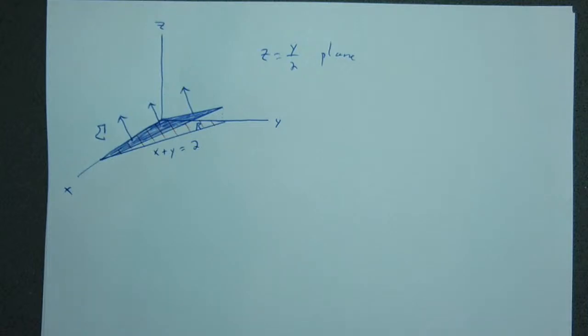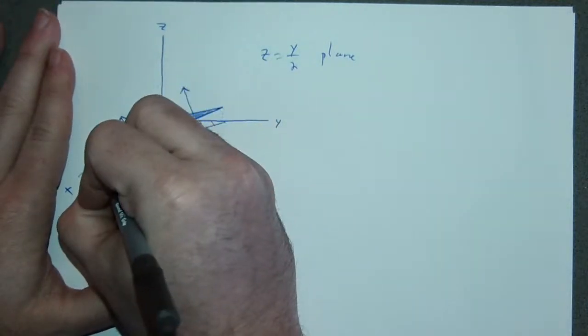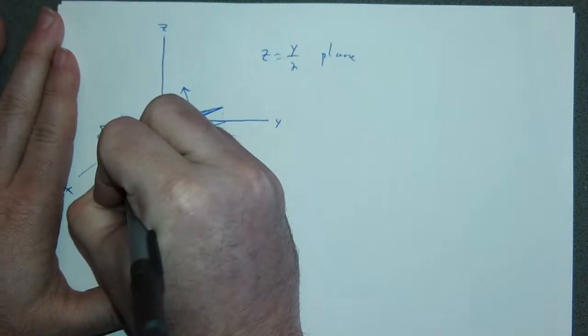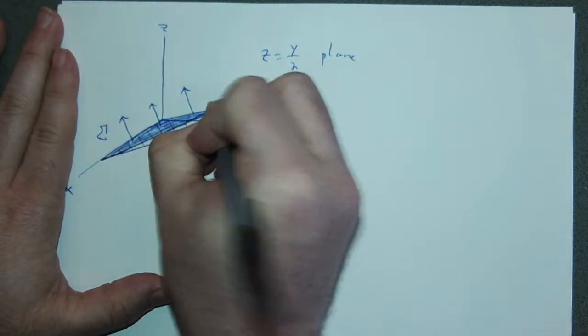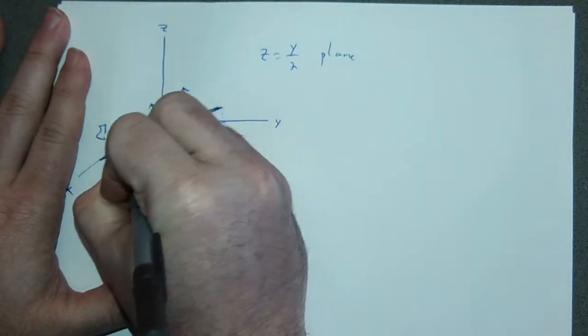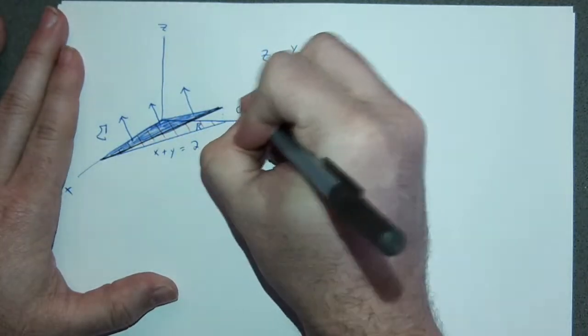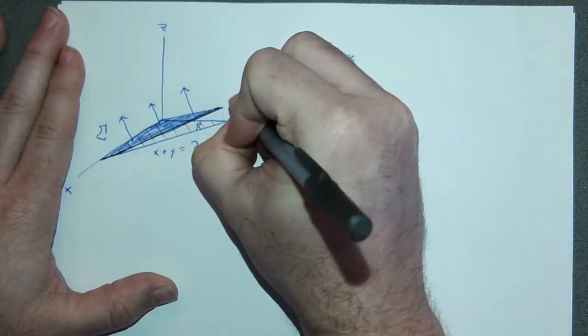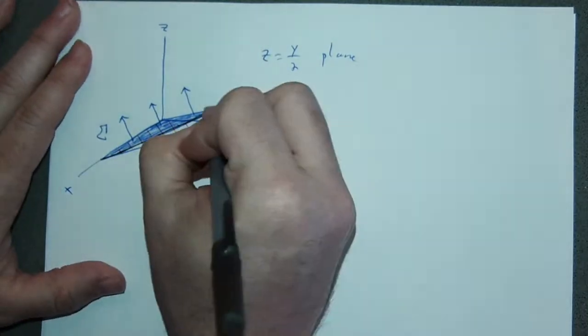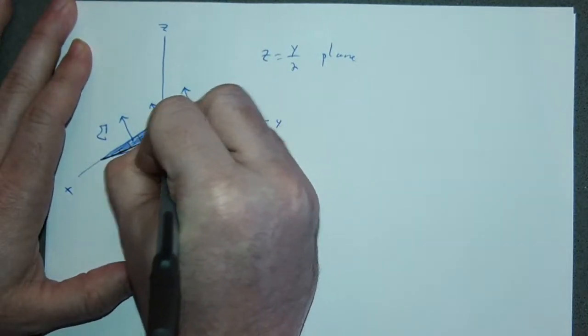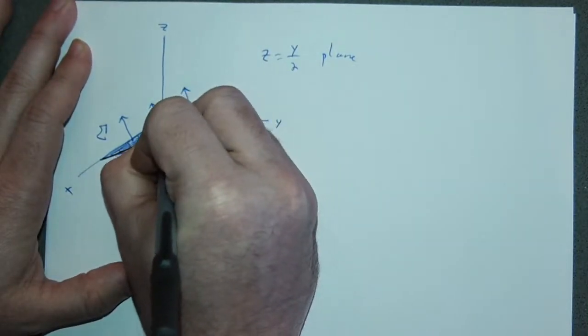So this is a surface with boundary. What is the boundary? Well, the boundary consists of 3 parts. There's this curve. I'll outline in black. I don't know if you can see that. So that's C1. And there's this curve. That's C2.